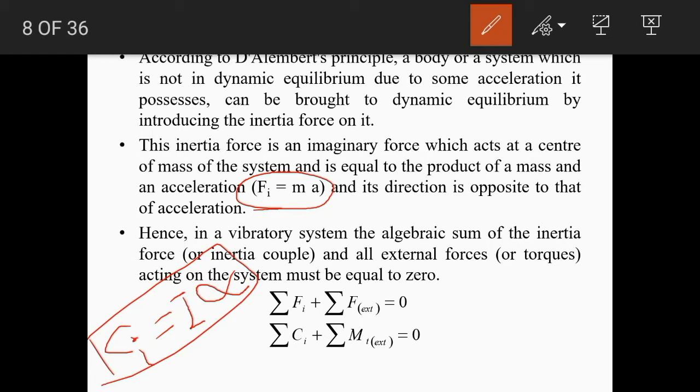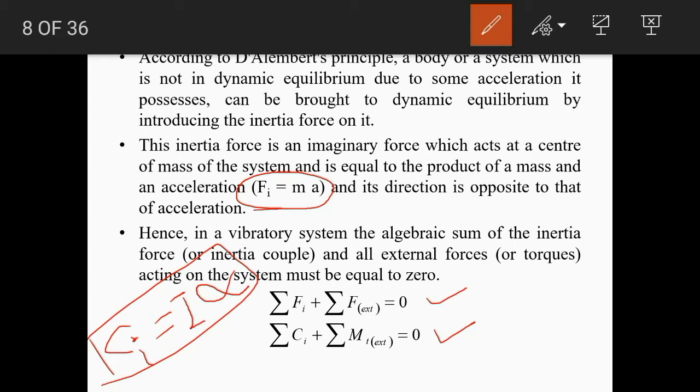So here, if the system is subjected to only forces, then we consider the system to be in dynamic equilibrium if the total summation of forces along with the inertia force is 0. If the system is subjected to only torques, then we consider it to be in dynamic equilibrium if the total summation of all torques along with the inertia torque is 0.